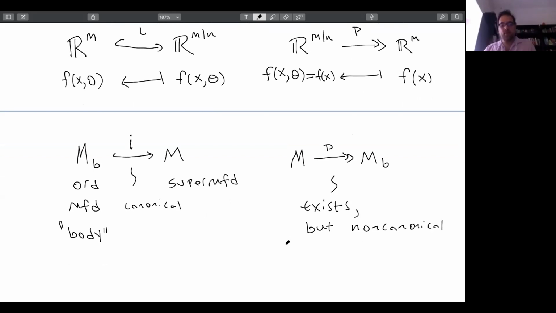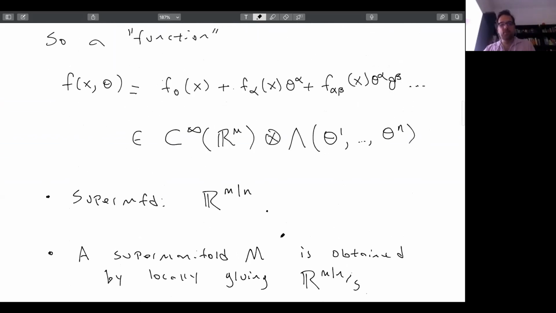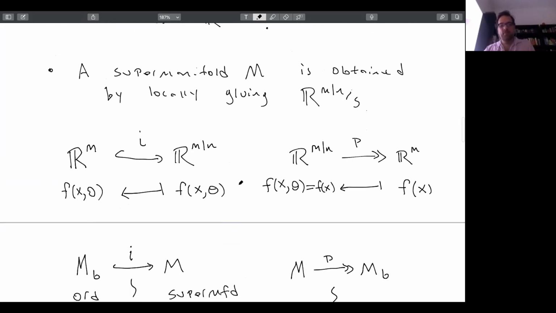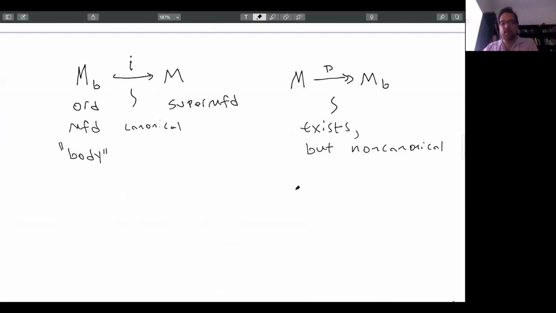And in other categories, here we've been working with smooth functions. But if I was working with holomorphic functions, this might not even exist. P might not exist.